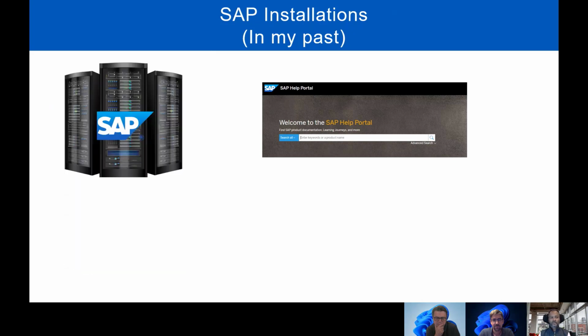Now that I have my installation guide, which is a long book, so to speak, a couple of 100 pages to follow, I would still need to procure the hardware, right? So I would contact a vendor.